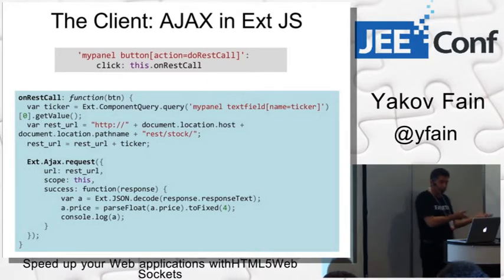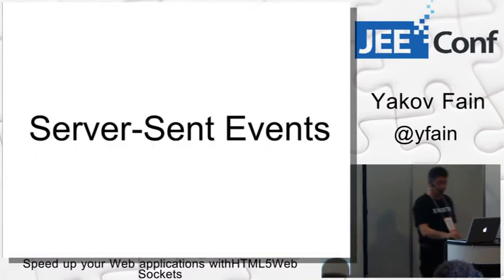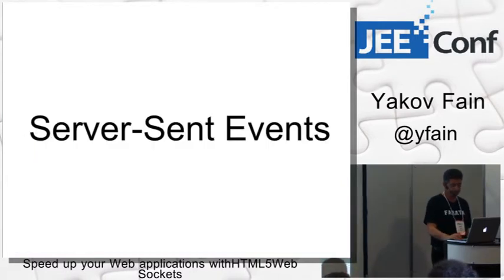So when the particular method is called, it will know that I want a price for MSFT or AAPL or whatever else. And that's all. Then we do JSON parse of the response, and this is done. So this is how it was done using regular HTTP.